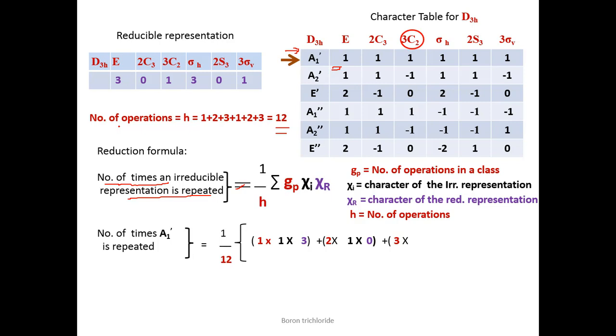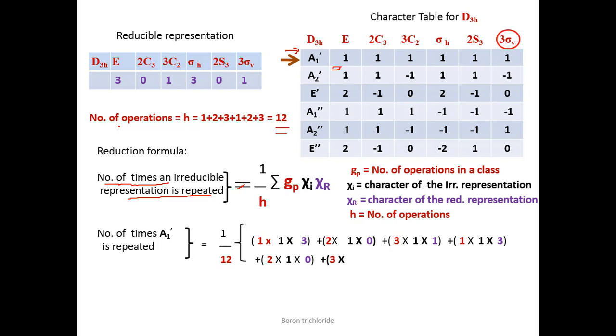Since it is 3C2, GP is 3, chi I is 1, chi R is the number in the reducible representation against 3C2, 1. Next is 1 sigma h, GP is 1, chi I is 1 and chi R is 3. Next is 2S3. So GP is 2, chi I is 1, the character in front of A1 dash against 2S3, chi R is 0.